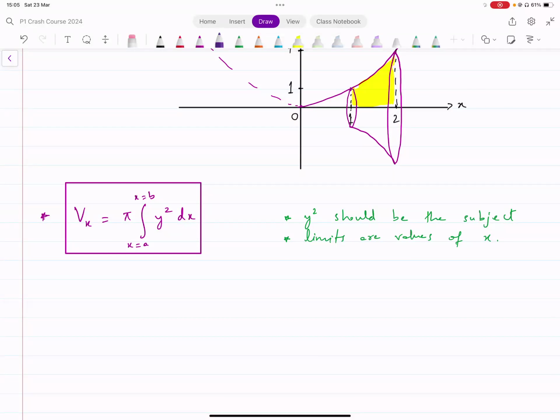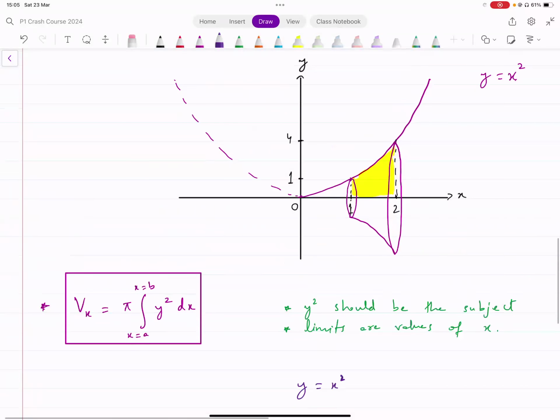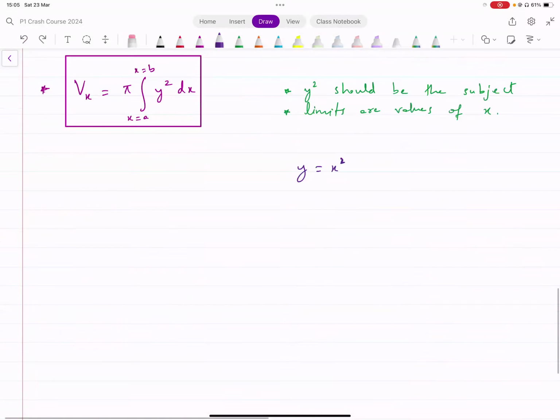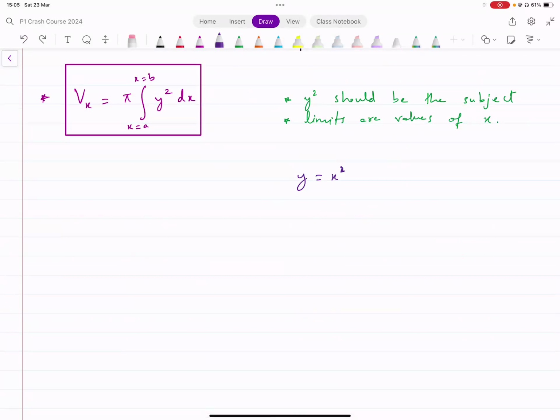What was the function? The function was y equals x squared, right? Now the formula requires y squared. So if y equals x squared, what about y squared? y squared would be x raised to power 4. That's what you input in the formula. You say Vx equals pi into the integral of... It's very common to forget pi here.